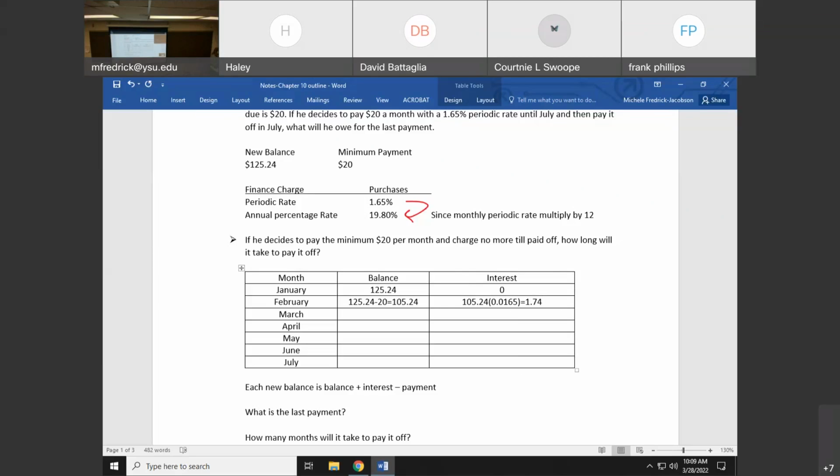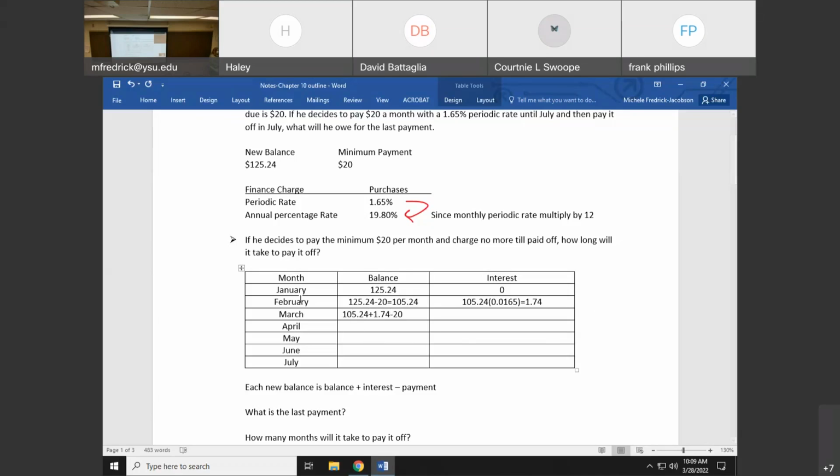So in February, his statement comes and it'll show that he has a previous balance, $105.24 plus $1.74 in interest. So his balance is $105.24 plus the $1.74, but then he's going to make another monthly payment of $20.